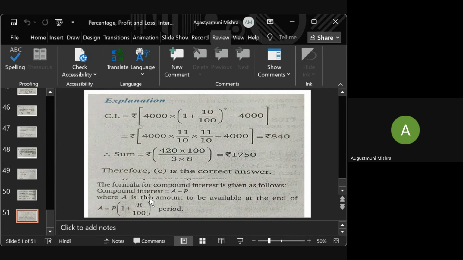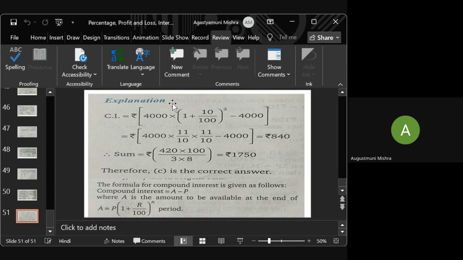So just like that it will be 1 plus 10 by 100 to the power 2, minus 1. Okay. Then it will be equal to 525. Then we will just solve it by solving the equation.